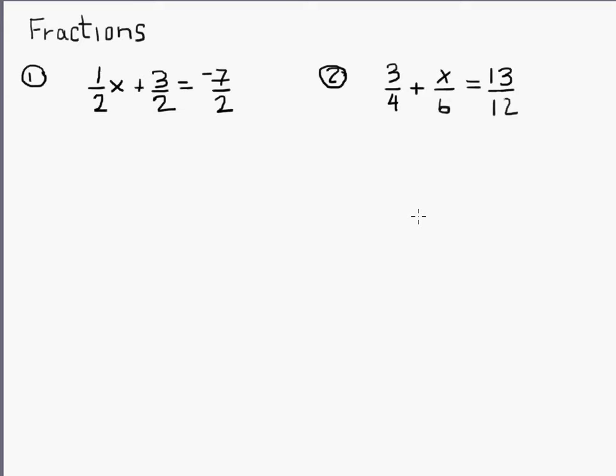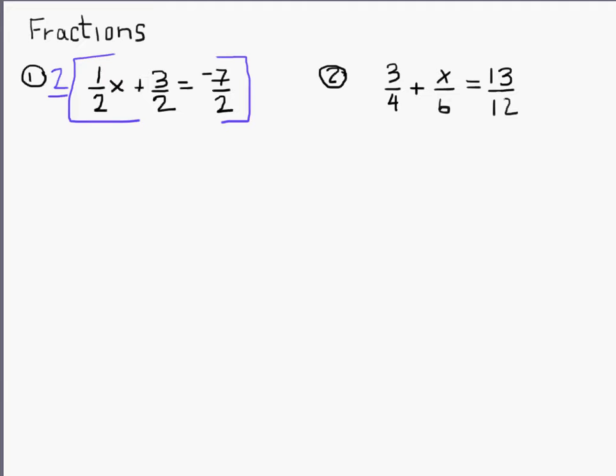So let's take a look at the first equation we have. We have 1/2 x plus 3 halves is negative 7 halves. As you see, each one of the fractions in the equation has a common denominator of 2. So what I'm going to do is multiply the entire equation by the number 2 over 1.